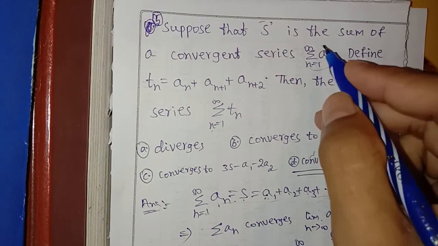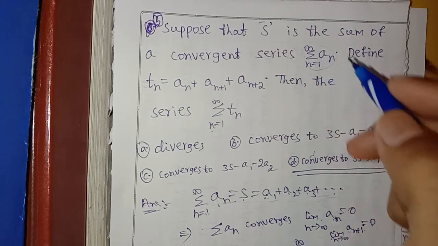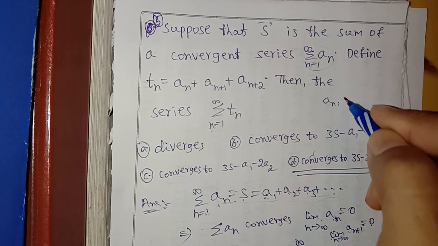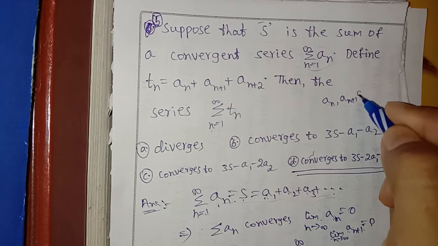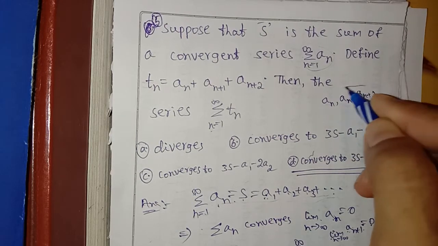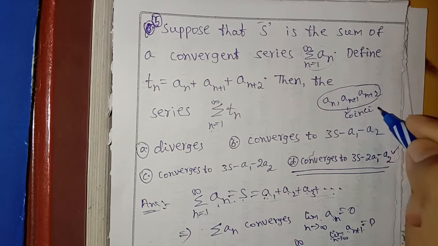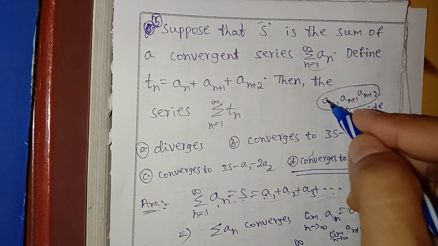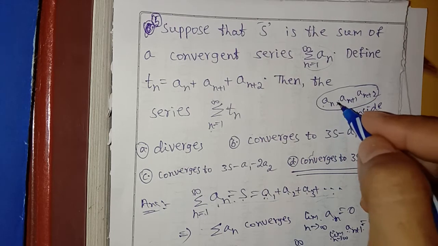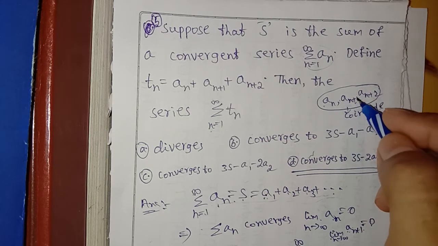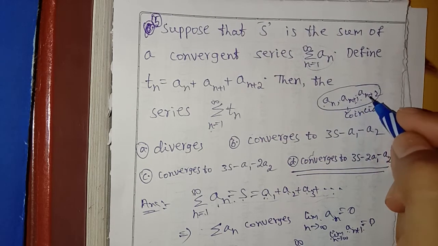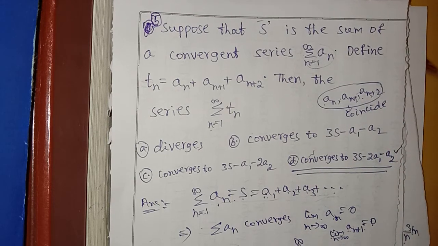If this is convergent series, then an plus 1 and an plus 2 coincide. They all become limit n tends to infinity an is 0, limit n tends to infinity an plus 1 is equal to 0, limit n tends to infinity an plus 2 is also equal to 0.